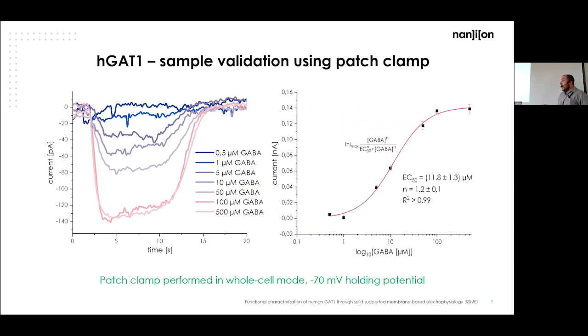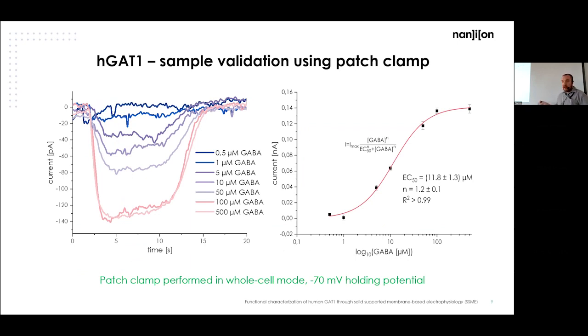Still, I wasn't happy, so I wanted to also check the functionality of the living cells. So I used the patch liner that we have in-house here. And since I felt very lucky, I just went straight for a dose response experiment with different GABA concentrations. So I used the patch clamp technique.